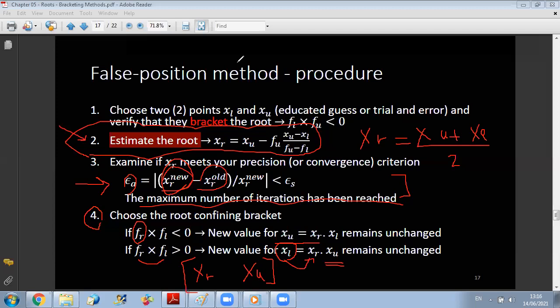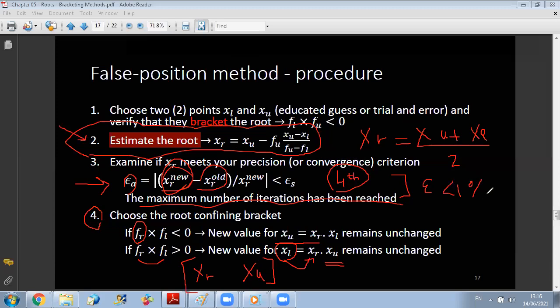You have several possibilities of question. They can just tell you that you should stop at the fourth iteration. So you do four iterations and you stop. You say my estimate for the fourth iteration is xr equal to this value. They can give you two criteria. They can tell you that you can stop either when you reach the fourth iteration or when epsilon is smaller than 1%.